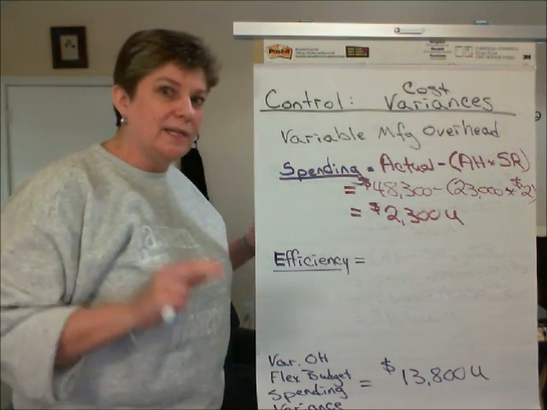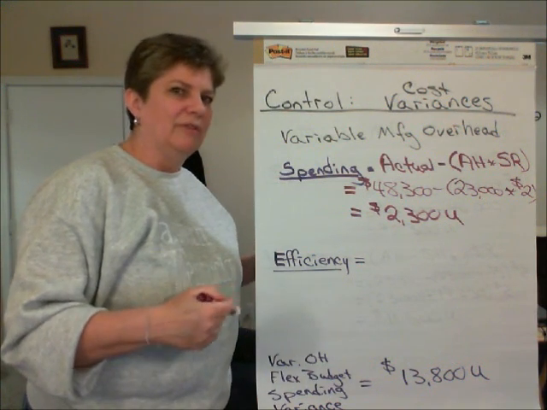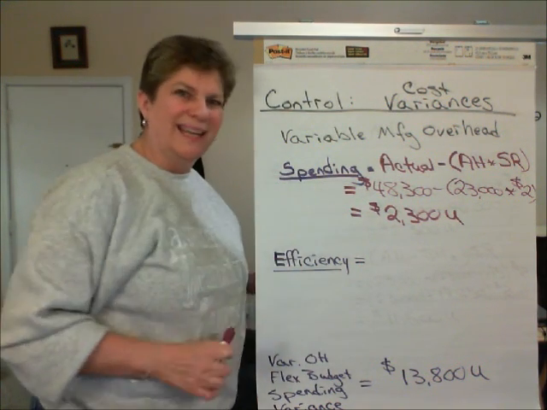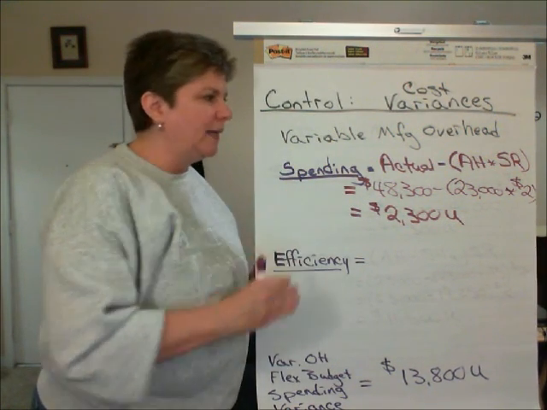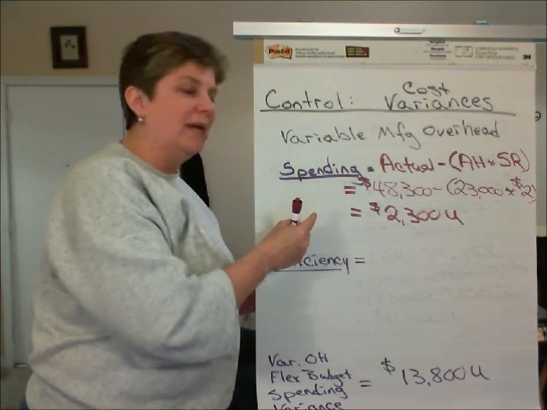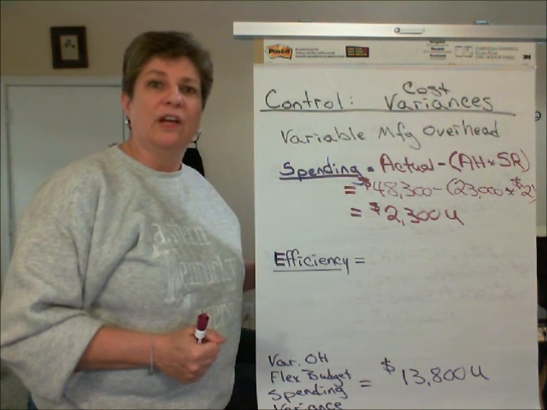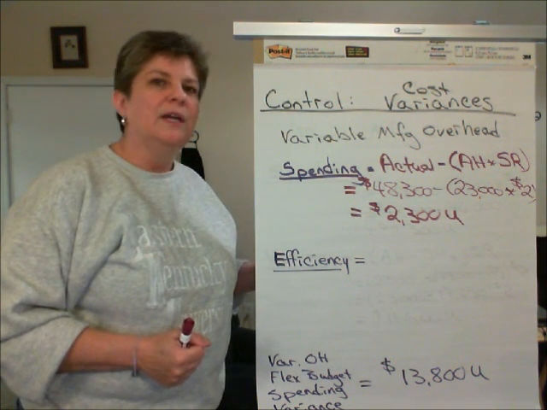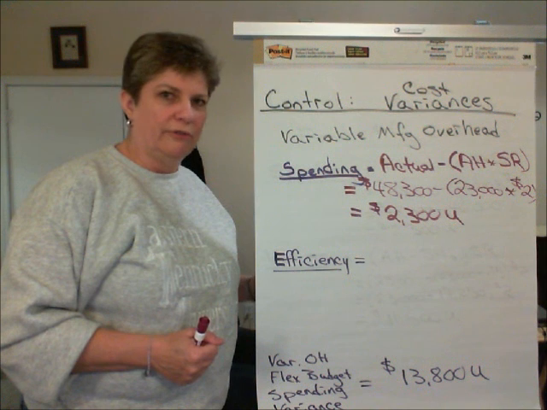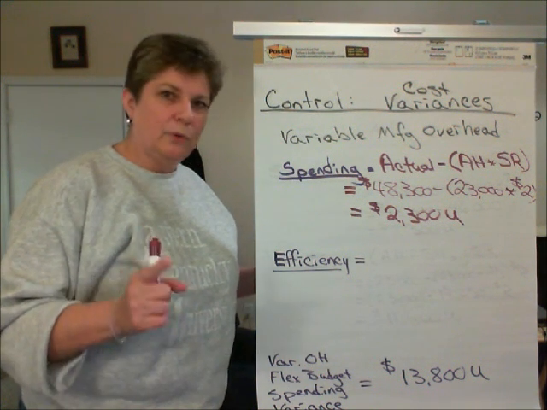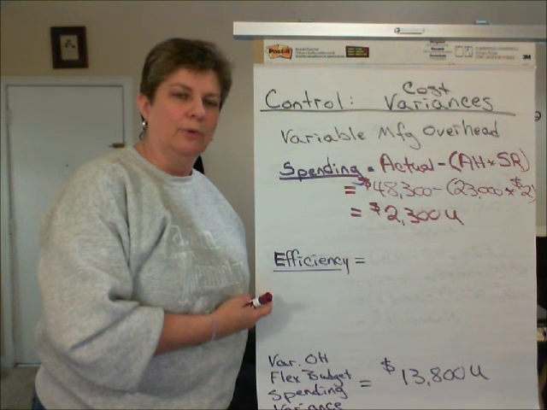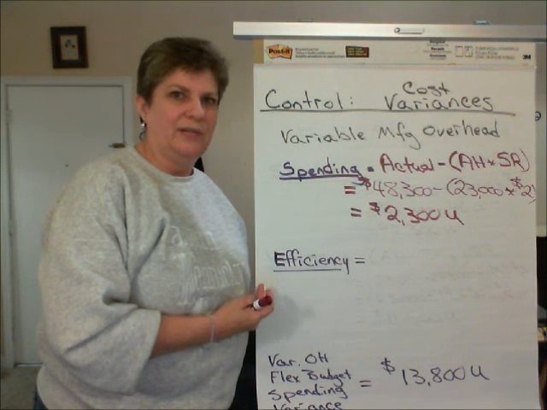And usually in textbook world, that level of detail we don't get into. Just be aware it needs further investigation. All we can say at this point is that we spent more for the variable overhead resources than the standard called for at this level of activity. Now, the next thing we're going to look at is the variable overhead efficiency variance.